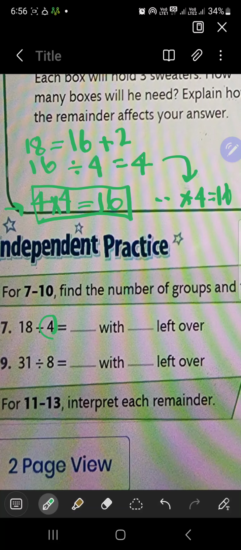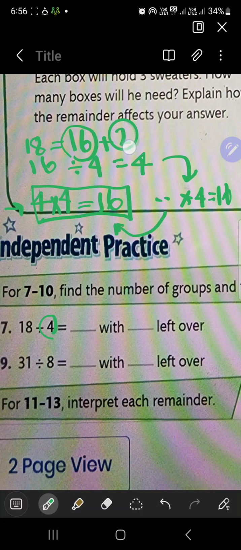That is the same meaning. That's why we bring the answer of division from the timetable. So I said, okay, 16 divided by 4 equals 4.